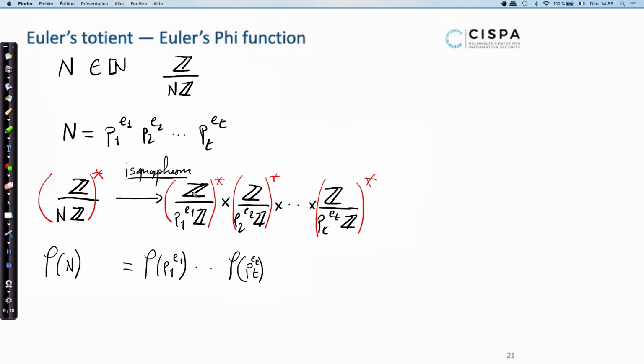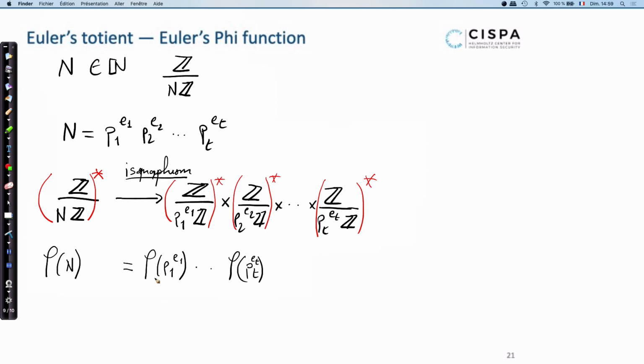And in general, every element modulo p1 to the e1 which is a multiple of p1, you have exactly p1 to the e1 minus 1 of them. Okay, you just have to choose which multiple of p1 you are taking, and the multiple of p1 is determined modulo p1 to the power e1 minus 1.